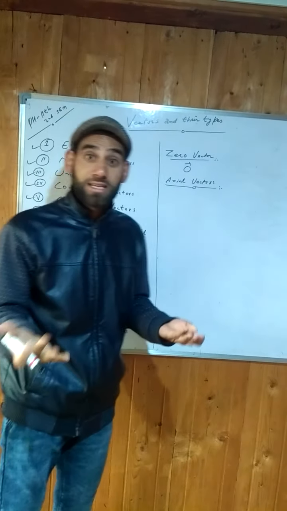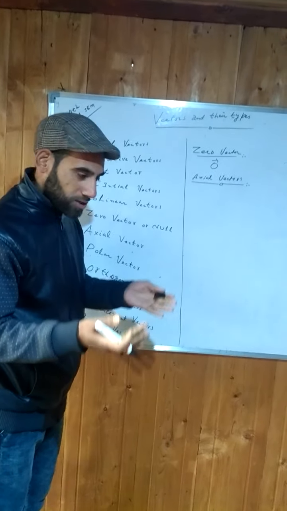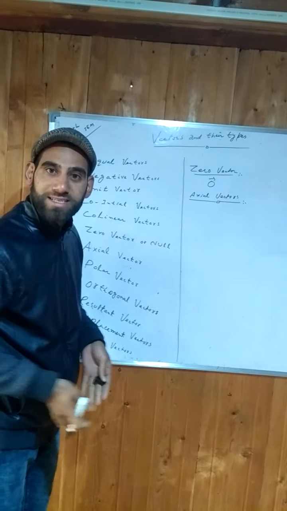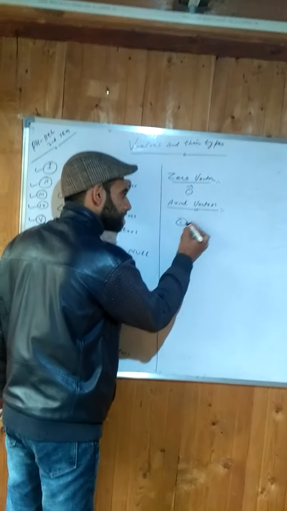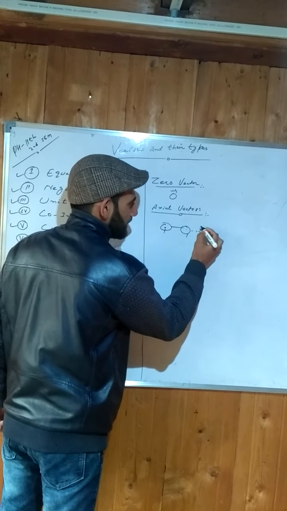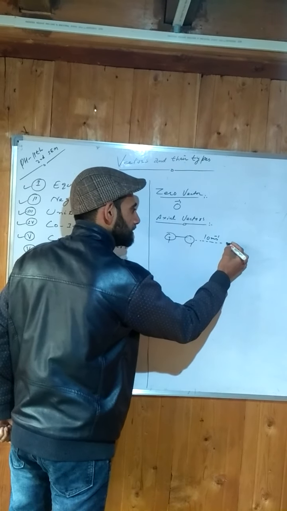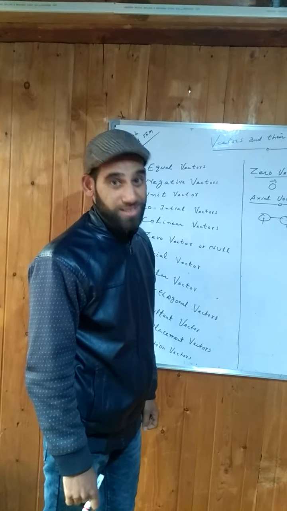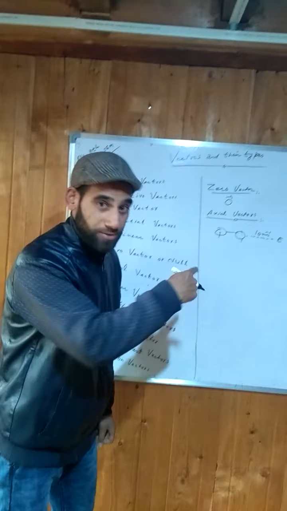Now, how to understand axial vectors? For example, let's have a car. Let the car be moving with a velocity of 10 meters per second towards east. What is the vector here?